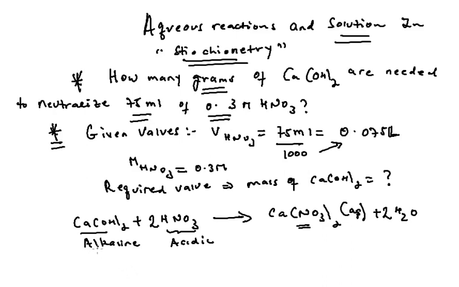According to this problem, when we see the stoichiometric relationship, 1 mole of calcium hydroxide is needed to neutralize 2 moles of nitric acid.